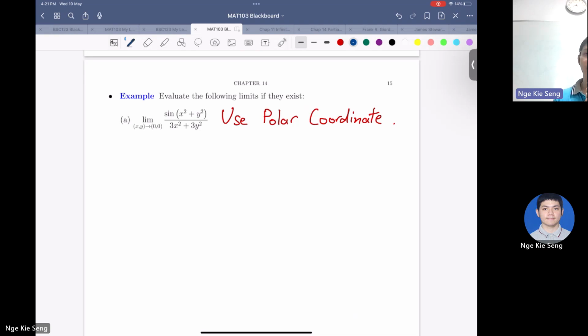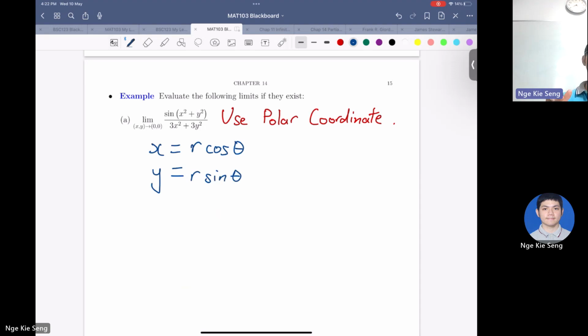How do you transform x, y into r and theta? Which one is equal to r cos theta? x is equal to r cos theta. y is equal to r sin theta.